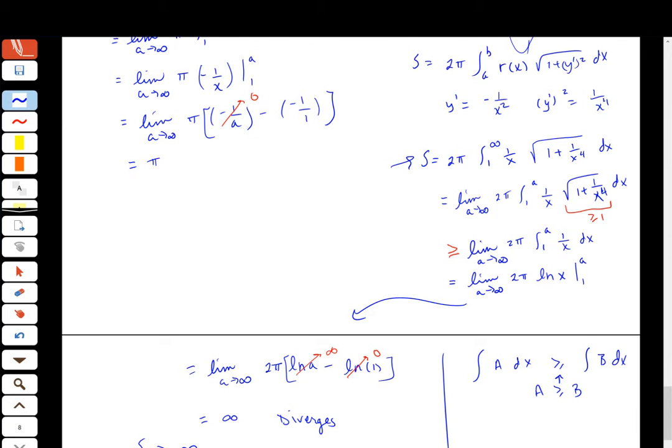You cannot paint Gabriel's horn with the paint that you can contain inside Gabriel's horn. Yeah, it's enough to blow your mind away. It is true. It is a property of infinities. Whenever you have something that's infinite, you can have this happen. Infinite surface area, finite volume, your extra credit for the test.